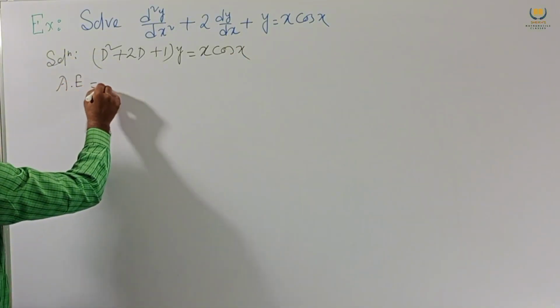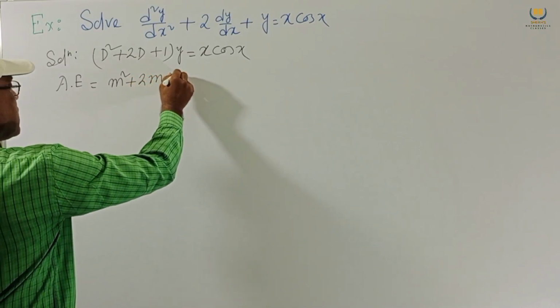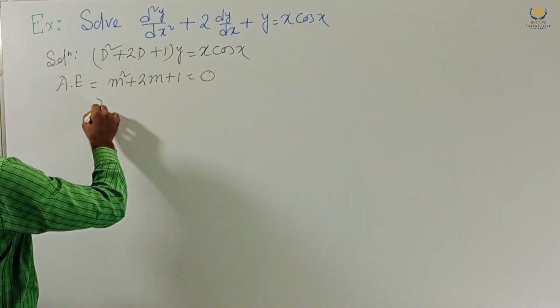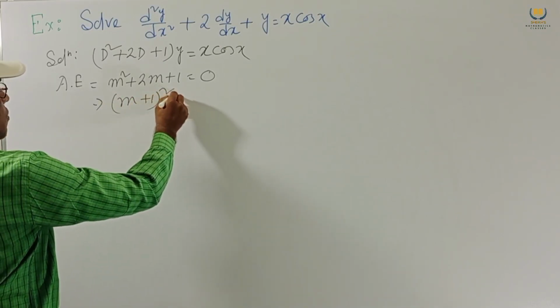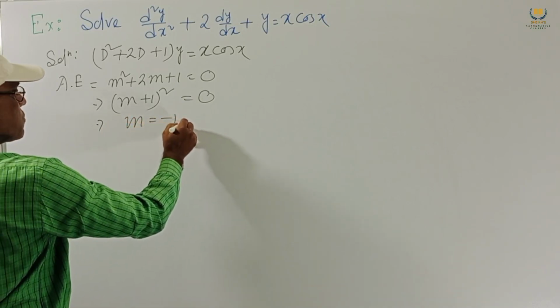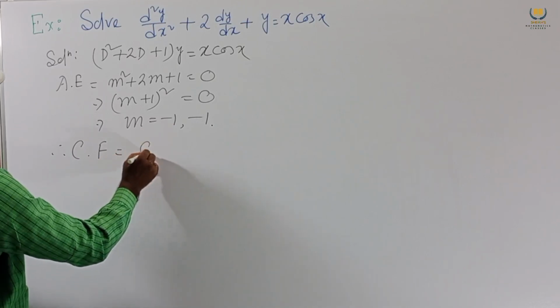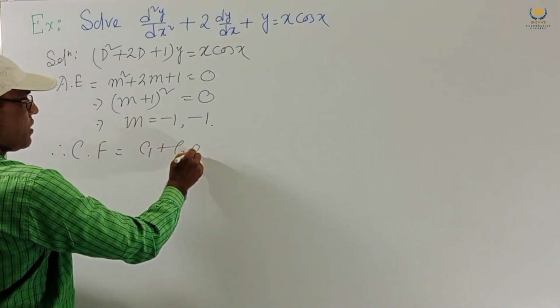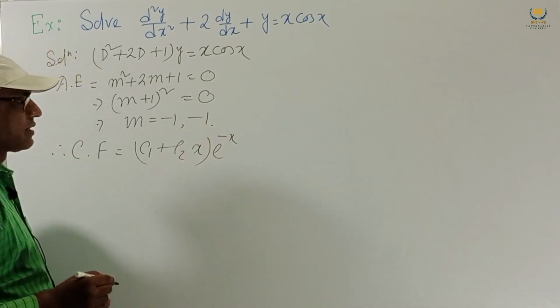Then the auxiliary equation is m square plus 2m plus 1 equal to 0, which implies (m plus 1) whole square equal to 0, and m equal to minus 1, minus 1. Therefore, complementary function equals (c1 plus c2 x) e to the power minus x.